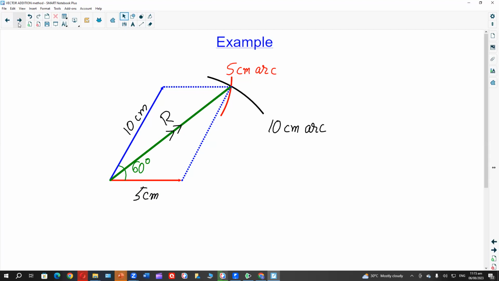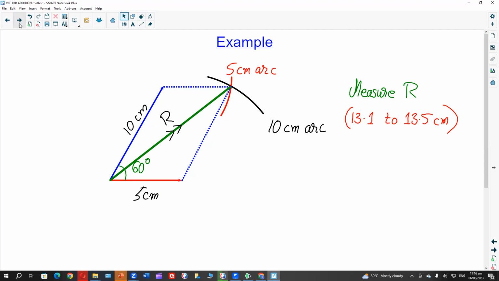Now make this resultant arrow. At this point, you have drawn the resultant. R means resultant.